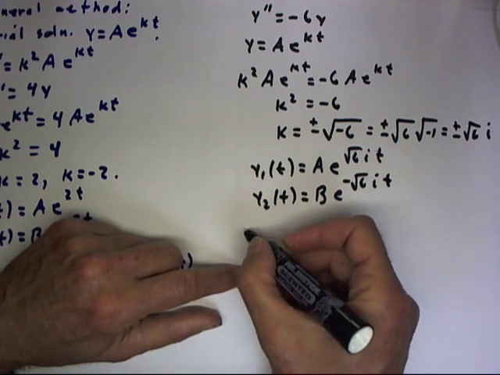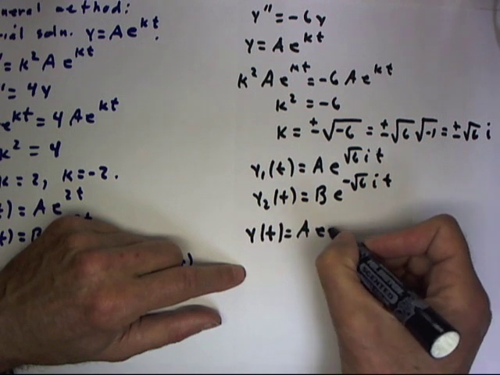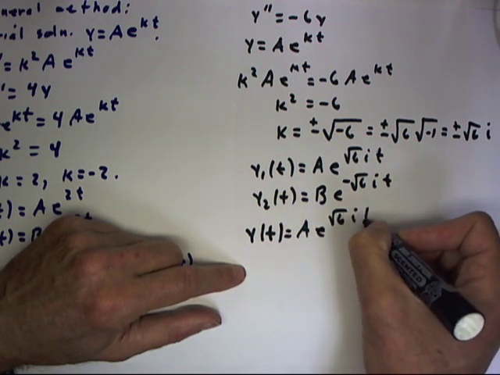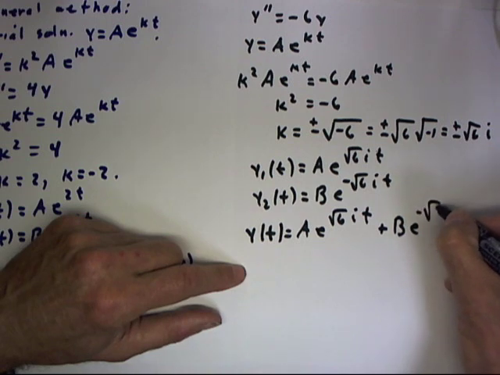And the general solution, y of t equals a e to the square root of 6 i t plus b e to the negative square root of 6 i t.